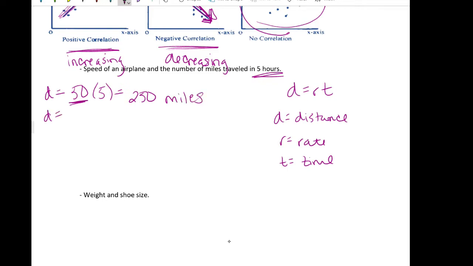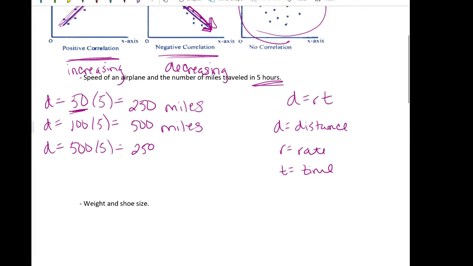What if the plane is traveling 100 miles an hour? Well, now the total miles is going to be 500 miles. And similarly, what if the plane was going 500 miles an hour? Then the total distance would be 2,500 miles.